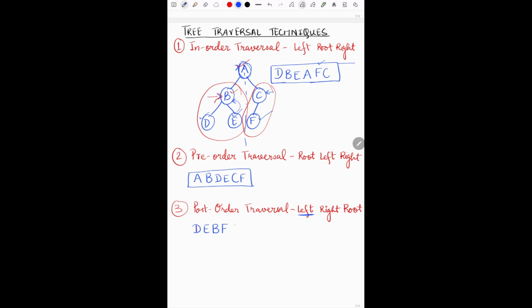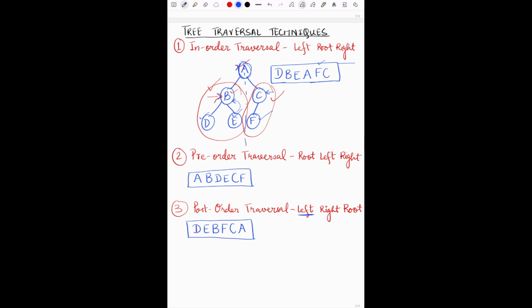And then we finally visit the root. This completes the traversal of the left subtree and then the right subtree, and at the end we traverse the root, which is A in this case. So this gives you the post-order traversal of the same binary tree.